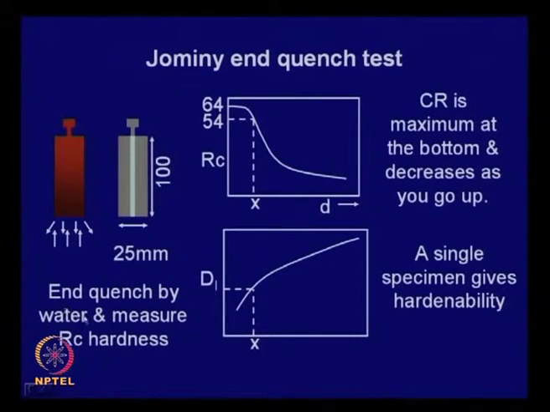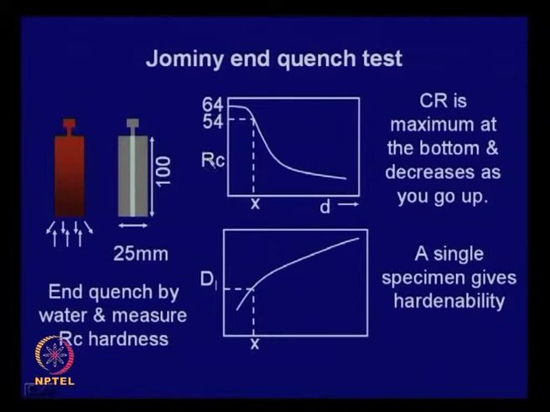Then you grind the surface smooth, since it is a cylindrical sample, and you grind off the top surface, and along this surface you keep measuring hardness at different distances from the quench end.